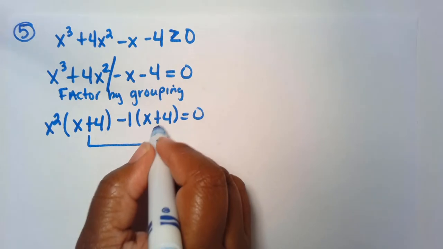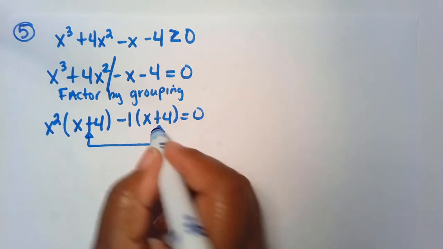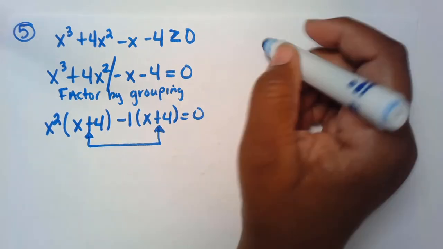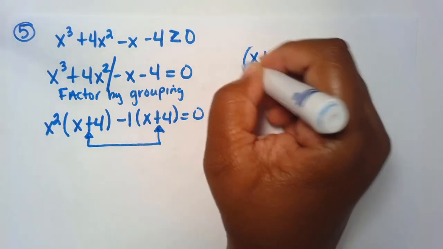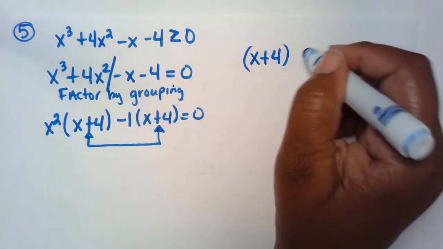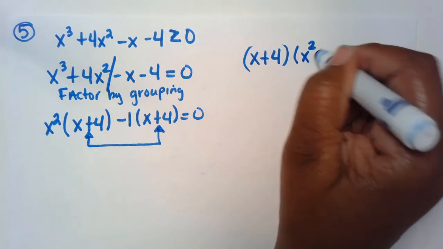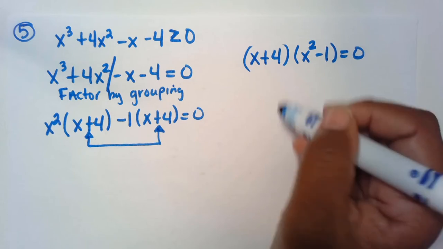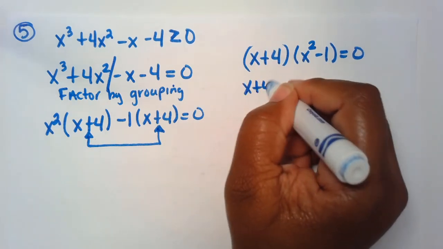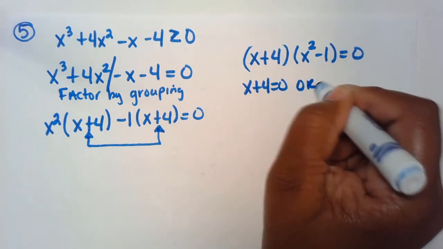Since we have a common x plus 4 here, we are going to factor out the common binomial, which is x plus 4, and what we have left is x squared minus 1 equals 0. Then set each factor equal to 0 and solve.